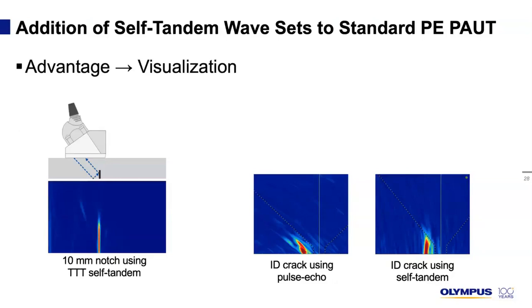So aside from vertical flaws that are hard to detect and characterize, such as lack of fusions on ERW welds, the self-tandem technique or waveset also provides better imaging of flaws such as cracks.